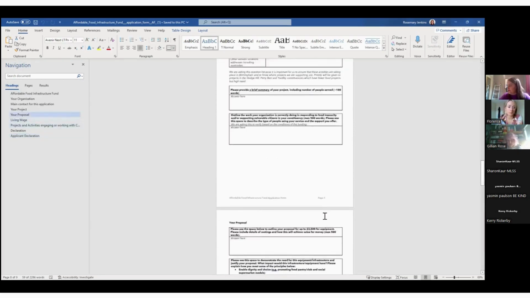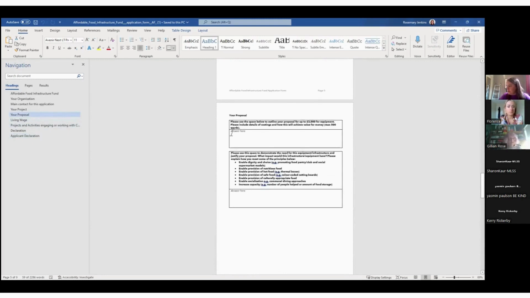So here, in this section, you'd say we want to have some storage space to increase our ability to store food. We found this shed in this bit of Birmingham, and that will cost us £1,000 to rent. Then down below you would say this would help us to increase capacity to store more food.